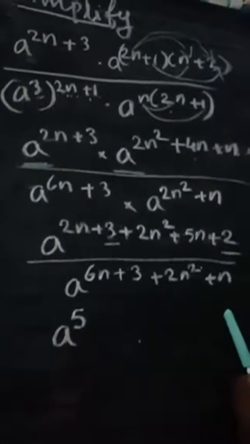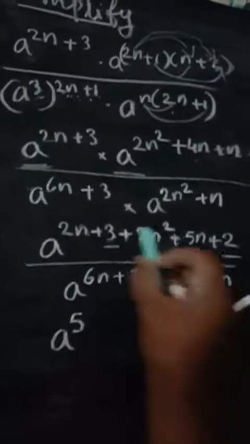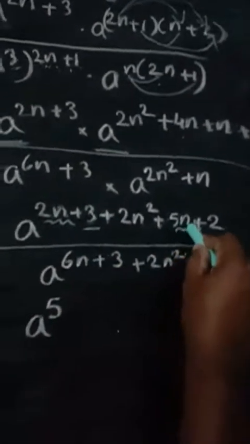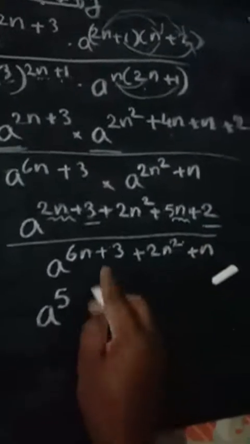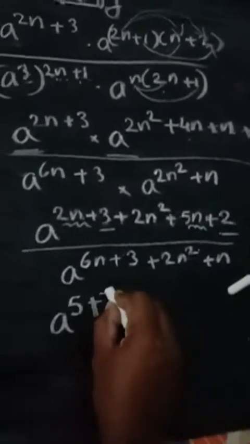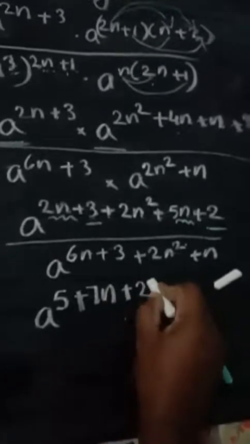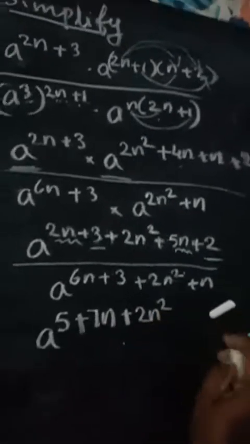A raised to 5. Again 2n and 5n. What is 2n plus 5n? 7n, and plus 2n square. The remaining term is 2n square.